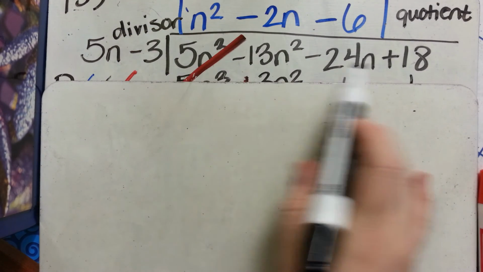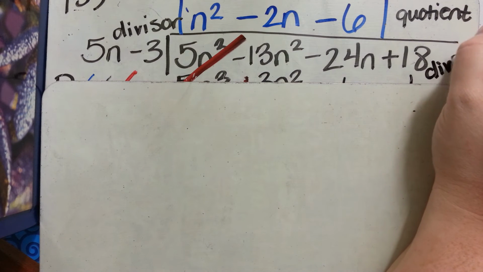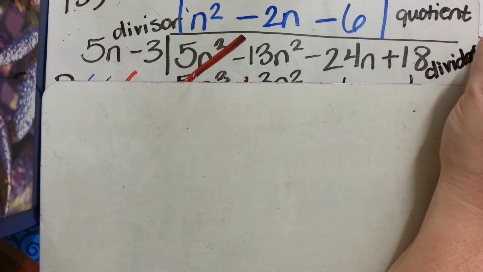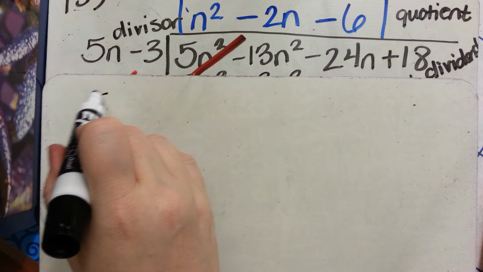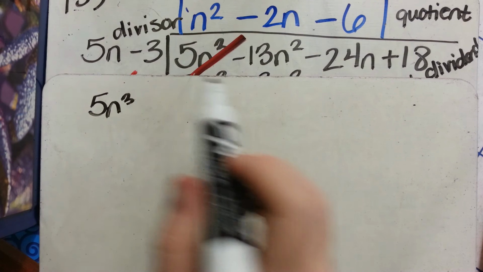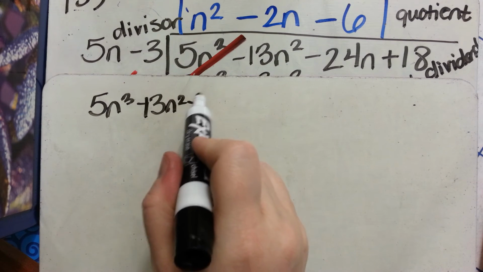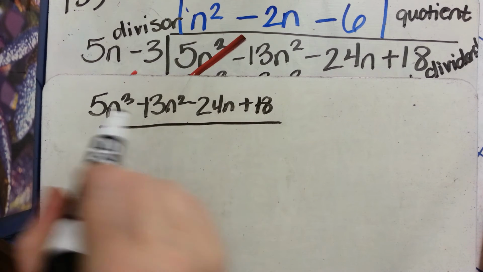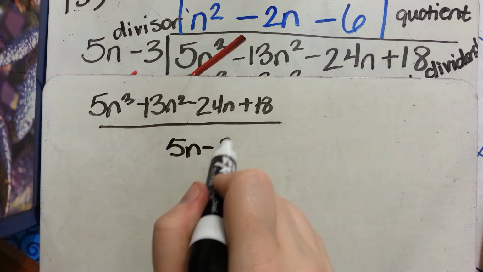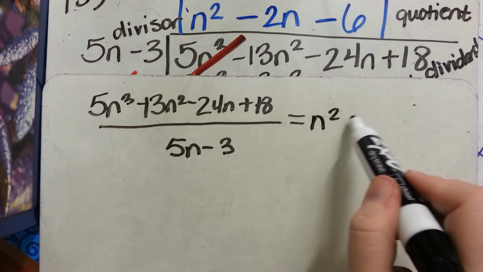And my polynomial that's inside the division box, this is our dividend. In addition, another way of writing it is 13n squared minus 24n plus 18 divided by 5n minus 3 equals what we got up top, our quotient.